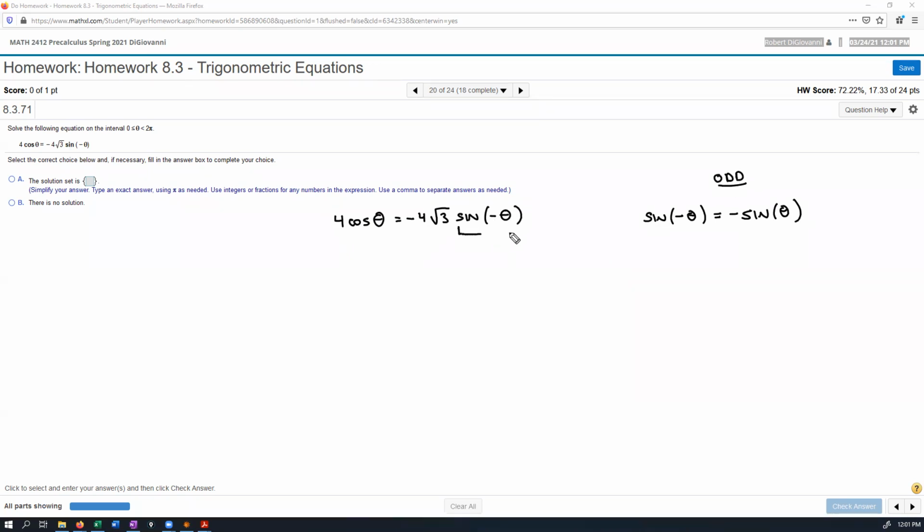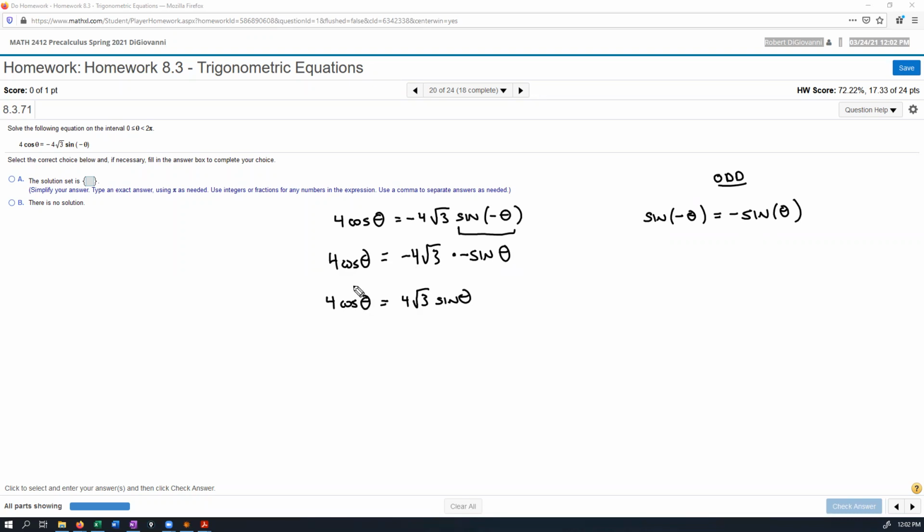So when I replace this with negative sine of theta, I'll have -4 root 3 times negative sine theta equals this side, 4 cosine theta. The negative and the negative there on the right become positive. So you have 4 root 3 sine theta equals 4 cosine theta.